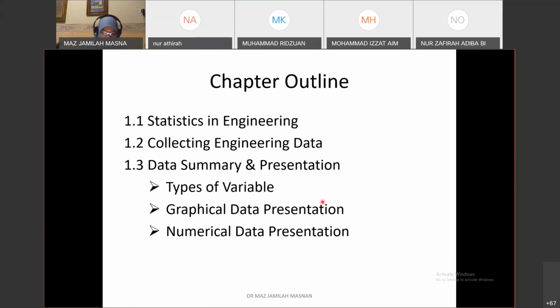Now, this is the chapter outline for chapter 1. Okay, basically we are going to look at statistics in engineering, collecting engineering data, and finally data summary and presentation, which will be based on the types of variables, graphical data presentation, and numerical data presentation.